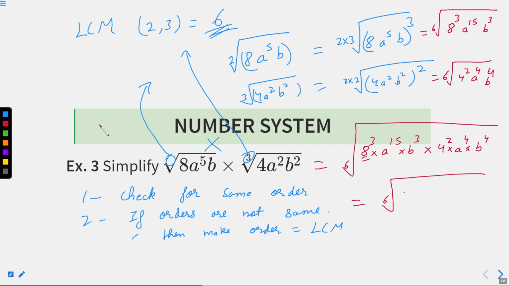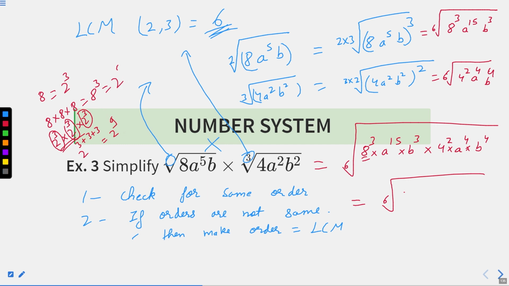So 8 is 2 raised to the power 3, and 8 times 8 times 8 is 8 cubed, and each 8 can be changed into 2 cubed. Now 2 is multiplied 3 times here, 3 times here, 3 times here. So the total number of 2s getting multiplied is 9, or 3 plus 3 plus 3, which is 2 raised to the power 9.